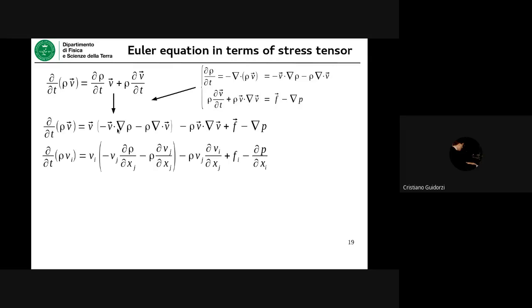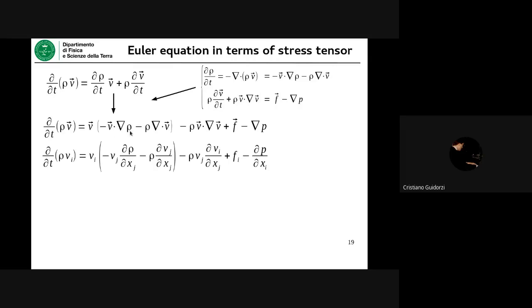The scalar product means vx times the x component of this, plus and so on. So let's use, if you remember, the Einstein summation convention. To mean a sum, we use the same index: when the same index is repeated, it means a sum over that index.